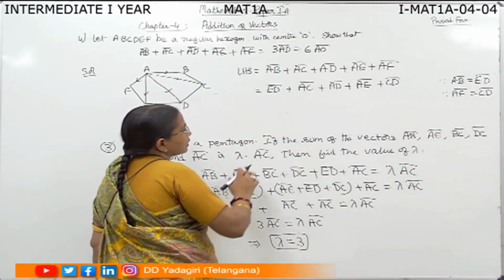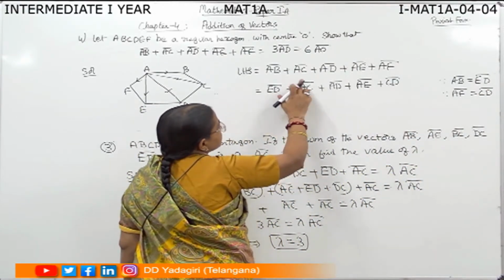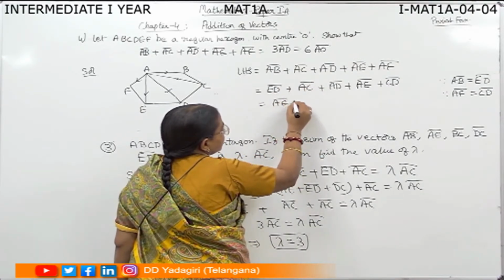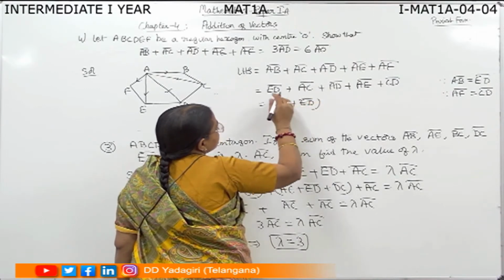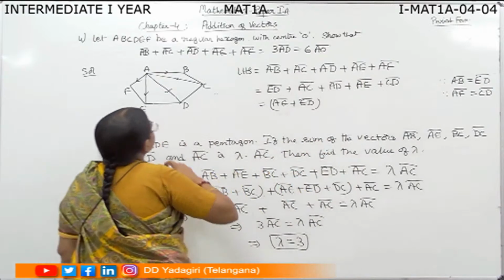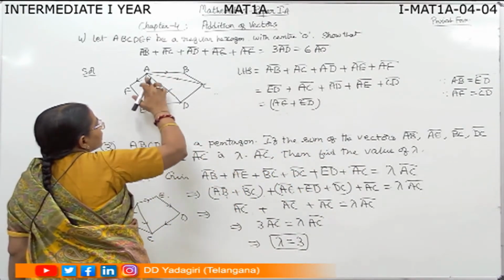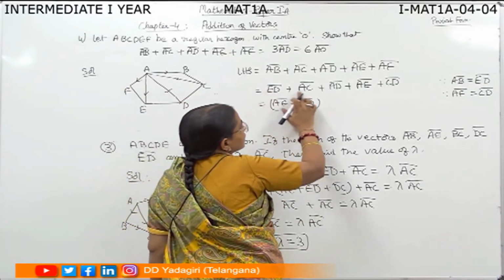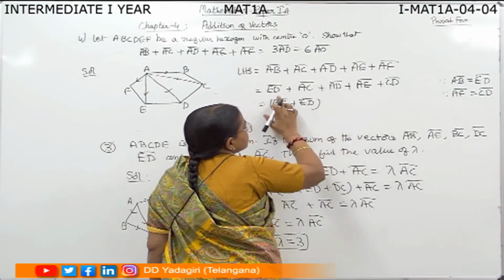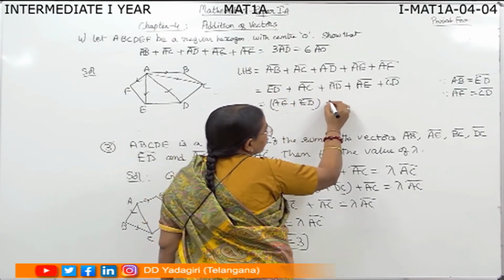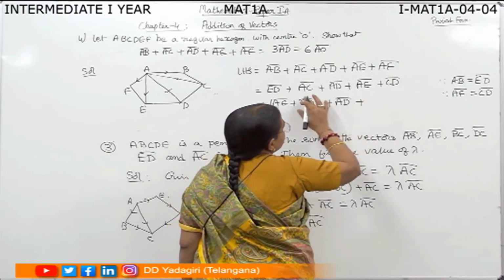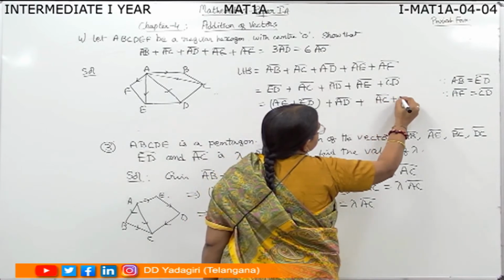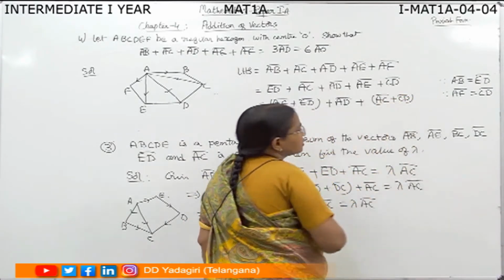Now you group the terms like this. AE plus ED is AD. Only the first one and the last one we are changing: AB as ED, and AF as CD. Now AE plus ED is AD, this AD we write as it is, and then AC plus CD becomes AD because its continuation is here.